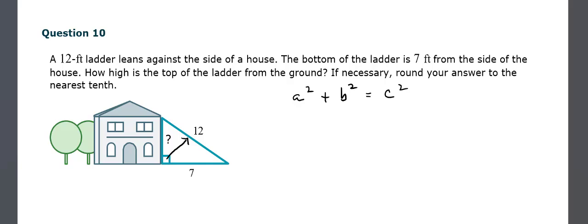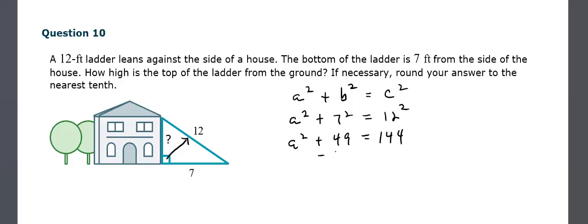So our hypotenuse is 12. And we're looking again for the height. So we're going to say a squared plus 7 squared equals 12 squared. So now we're going to square each one. So a squared plus 49 equals 12 squared, which is 144.